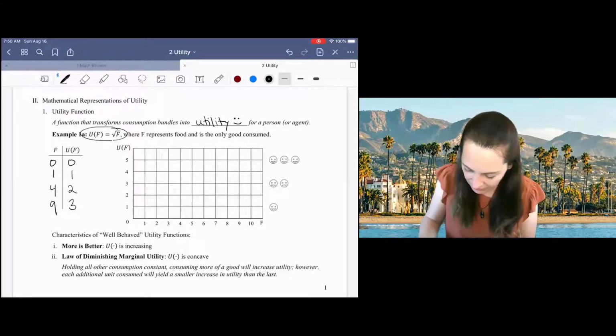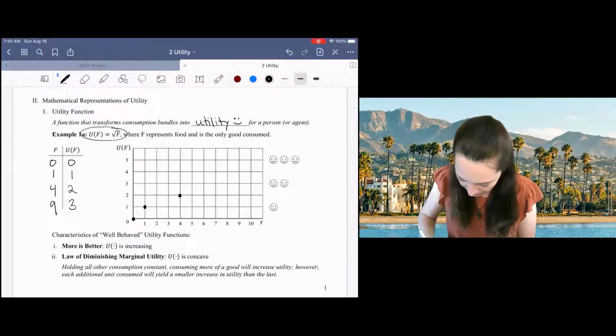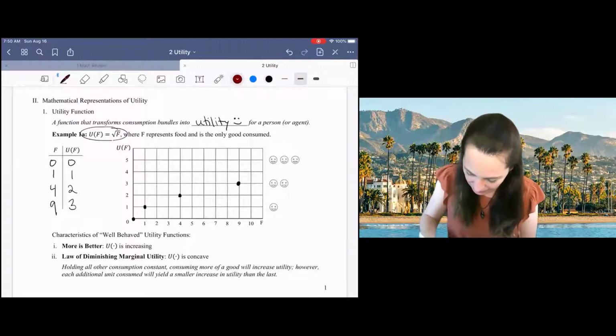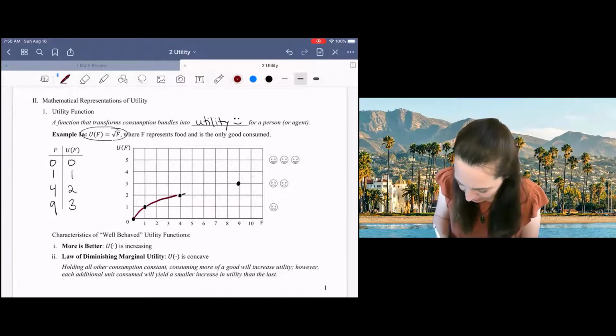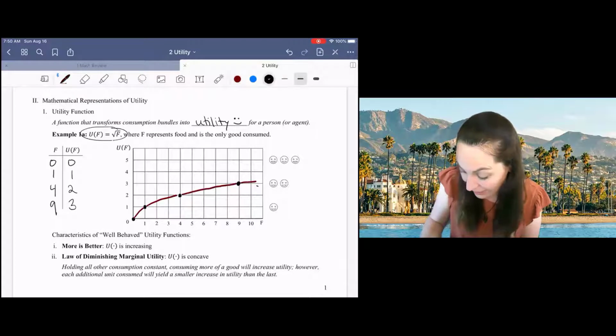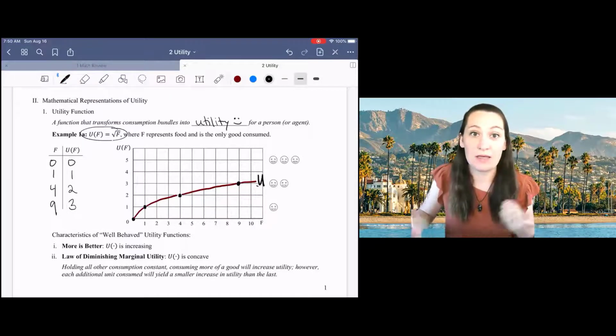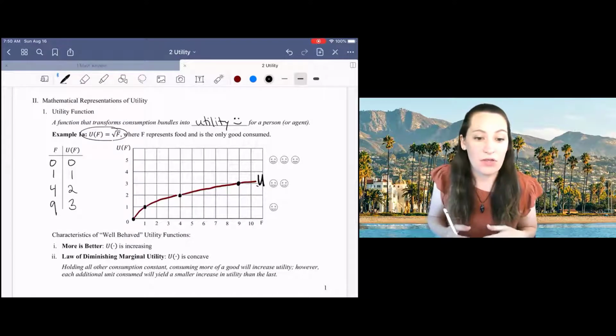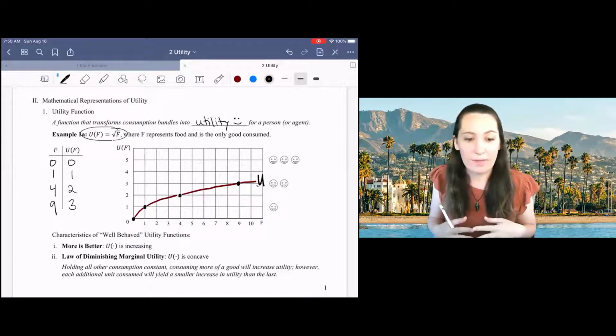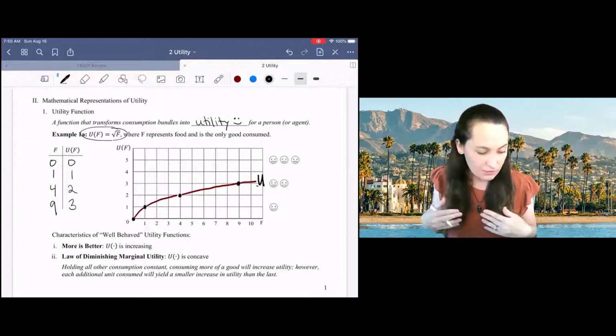So if I put that on my graph, I've got what ends up here being a concave function. And that's not a coincidence, because in order to be what we would describe as well-behaved, a utility function should be concave. So let's talk a little bit about what that means and why.